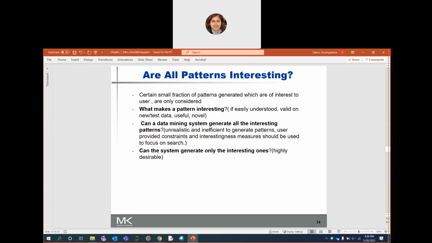Then, if you are learning the data, you want to mine or extract the data, what are the types of patterns that are interesting? That is again important to you. If you have a given data set and you are trying to mine information from it, while mining, let's say from a given data set you have 10 rules or patterns.